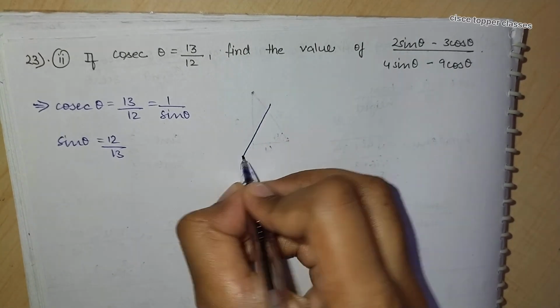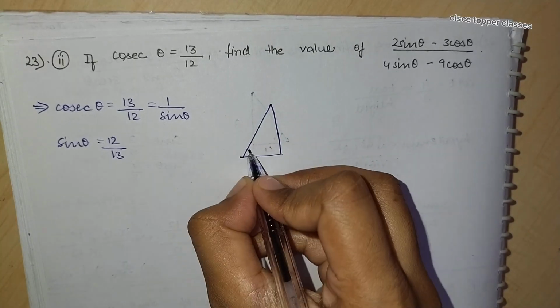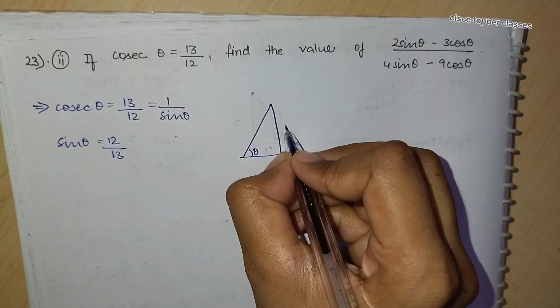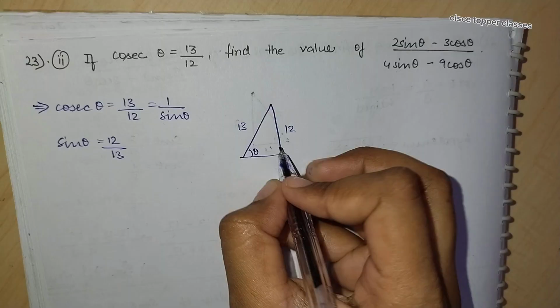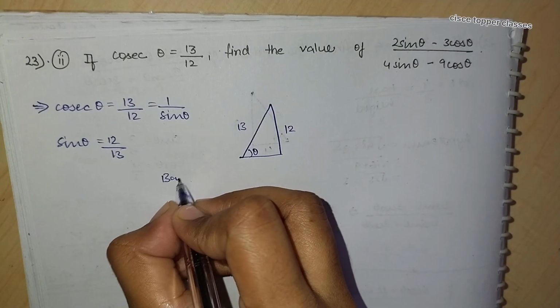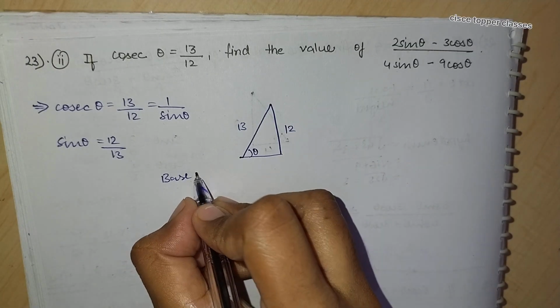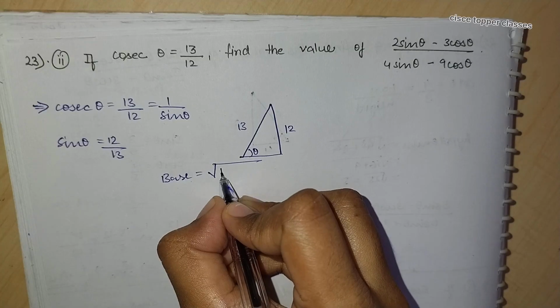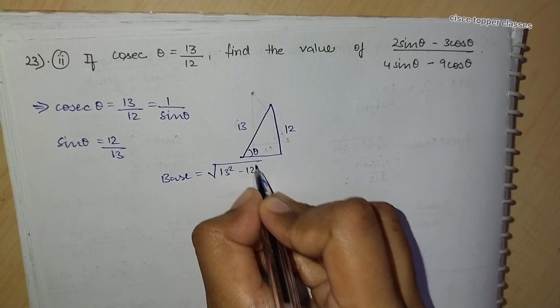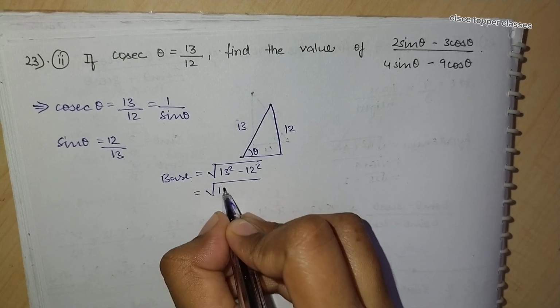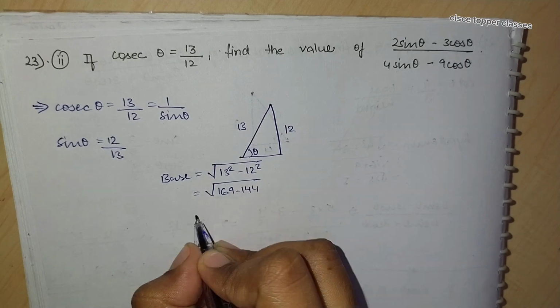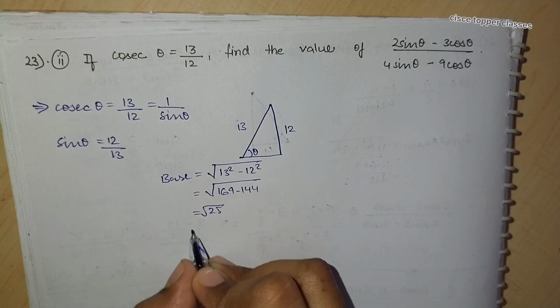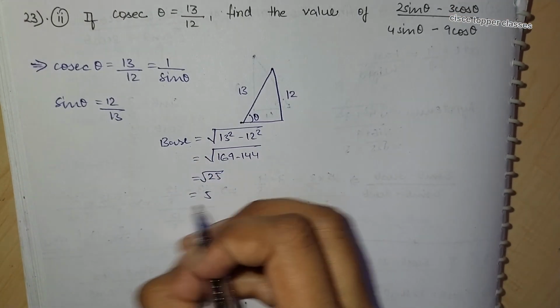We know sin theta is height by hypotenuse. So if we draw a triangle, the height will be 12 and the hypotenuse will be 13, and to find the base, to find cos theta, the base will be under root 13 square minus 12 square. So this will be under root 169 minus 144, which is under root of 25. So 5 is the base here.